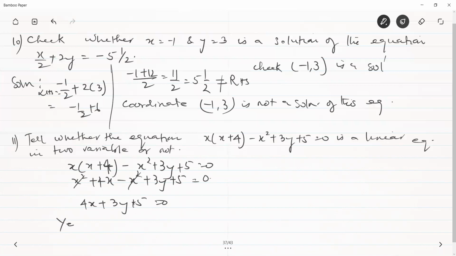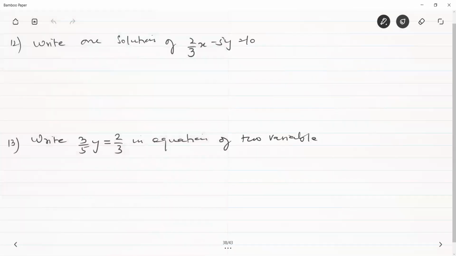So you can say yes, 4x plus 3y, this expression is a linear equation in two variables.